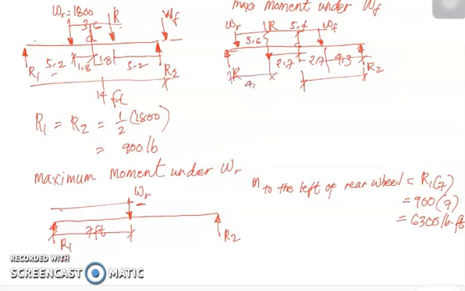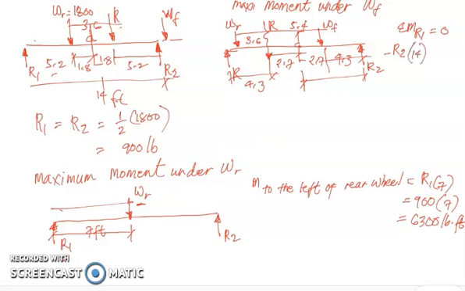So therefore, we're going to have summation of moment. If we're going to have the reaction forces, summation of moment at R1 equal to 0. So this will be our reference point. So we're going to have R sub 2 in a counterclockwise direction times moment arm distance 14.